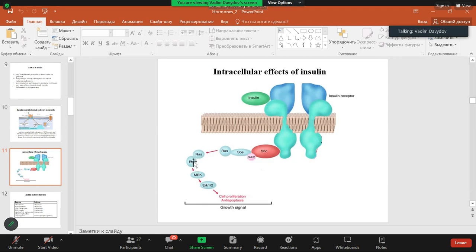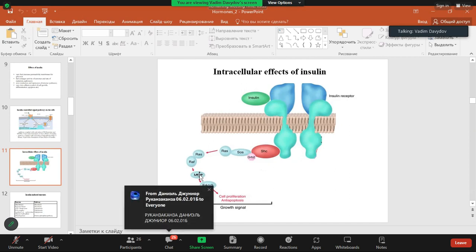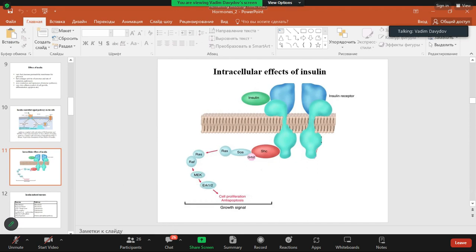the special so-called RAF protein. RAF protein, under activation, as a result of this kinase, this enzyme, phosphorylates other proteins, but not via phosphorylation of tyrosine. It takes place via phosphorylation of threonine or serine only.